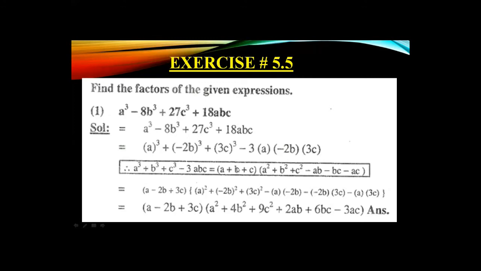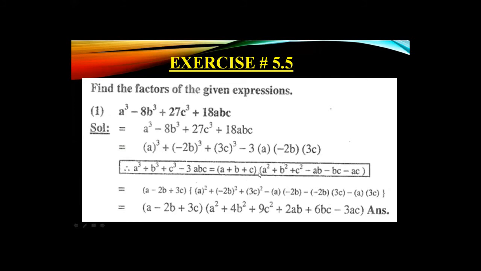And instead of c, we will use plus 3c. A means a, and the formula is plus. B means minus 2b, and the formula is plus, so plus minus 2b, then plus c means 3c. So this is a minus 2b plus 3c.